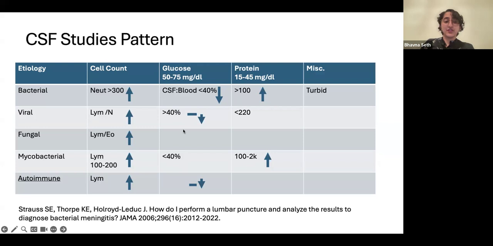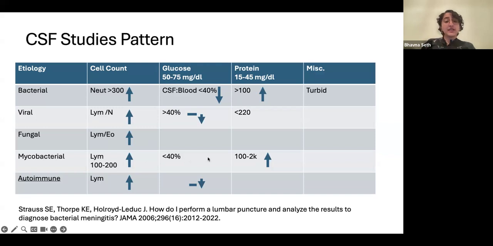And the reverse is true for viral entities. So that's one other test you can use to differentiate bacterial versus viral. Interestingly, fungal entities can also have eosinophils in addition to parasitic entities. So that's another differential to consider when you're interpreting some of these test results.